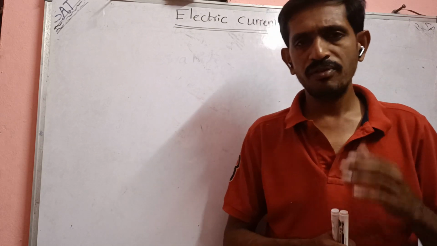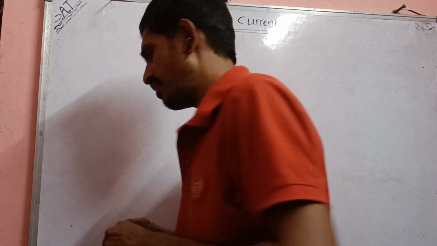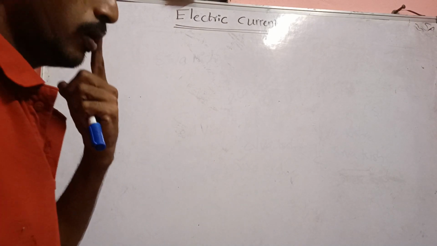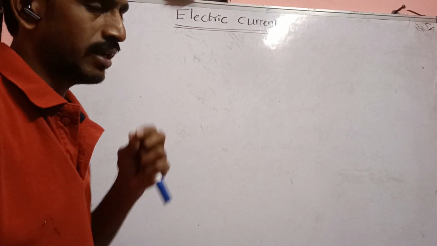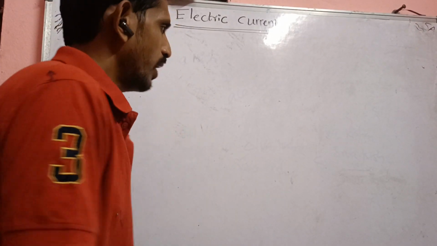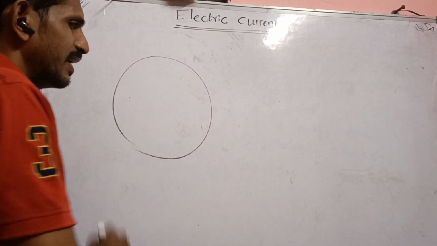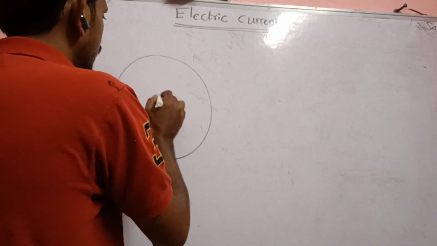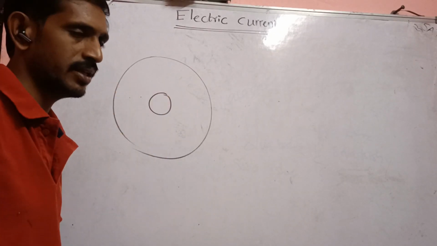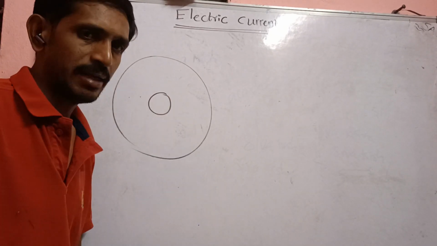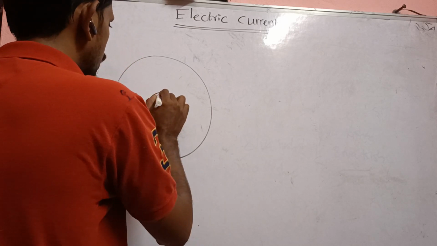Before we start, if you take an atom, all of you know the atom from chemistry. This is my atom. The central part of the atom is called the nucleus.